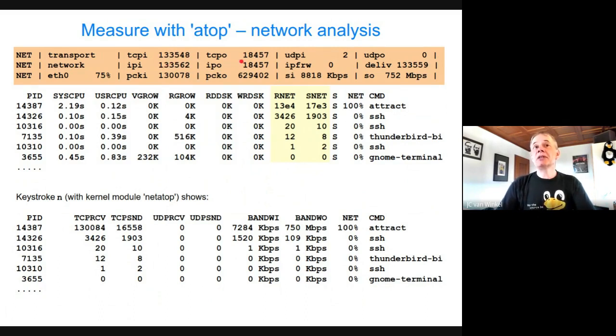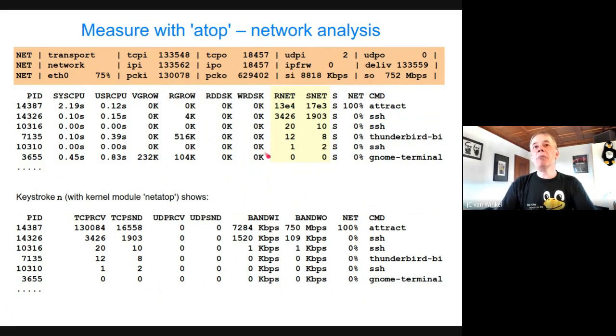For IP, we see the number of packets that have been forwarded, so routed through this machine, and the number of packets that have been delivered to this machine itself. And we see the Ethernet layer, and here we see the bandwidth. So we see 8 megabytes of data coming in and 750 megabytes of data going out.